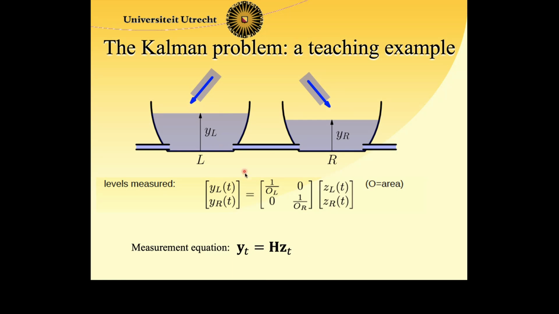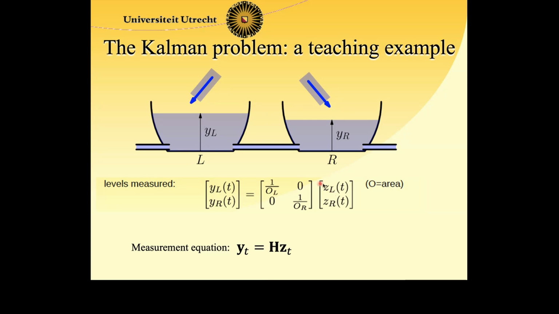Now, we can also measure the volumes. If we know what this area is, and we know what the elevation is, we can try to estimate, with a very simple approximation, the relationship between measuring the height and the volume.